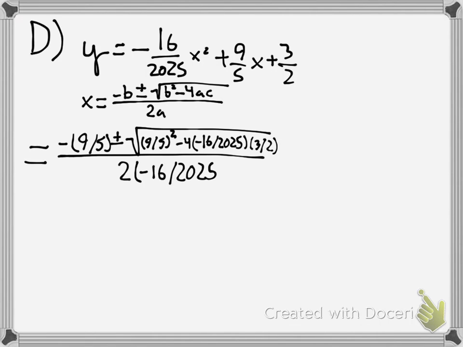By doing so, we'll get negative 9 over 5 plus or minus square root of 9 over 5 squared minus 4 times negative 16 over 2025 times 3 over 2, all over 2 times negative 16 over 2025.